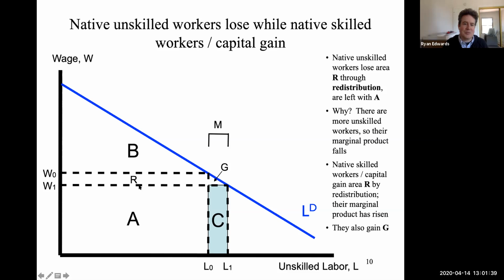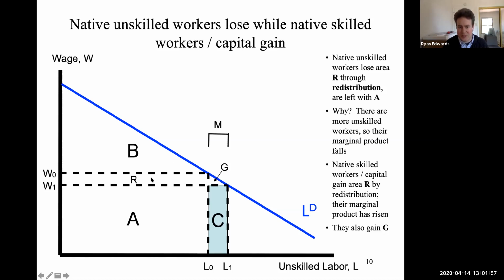I think perhaps less skilled labor views their losses as real, but perhaps they're not seeing this more subtle point that this rectangle R gets ripped away from the labor in this diagram and given to the other factors of production. And why?